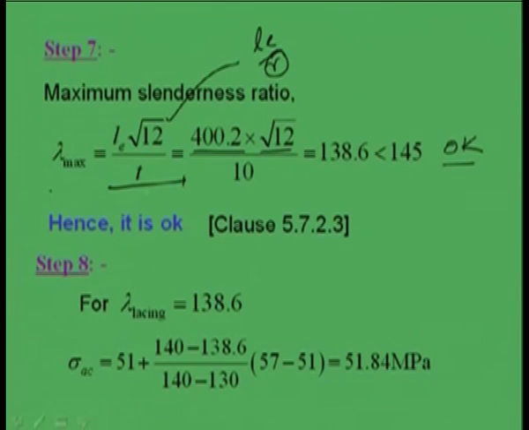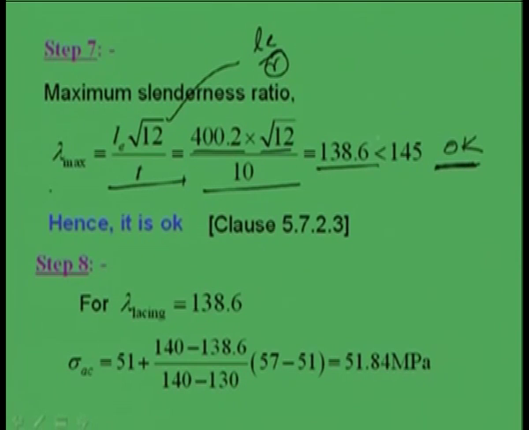So, here we are getting LE root over 12 by T. If we put the value LE as 400.2 and T as 10, we are going to get 138.6, which is less than 145. So, it is okay.